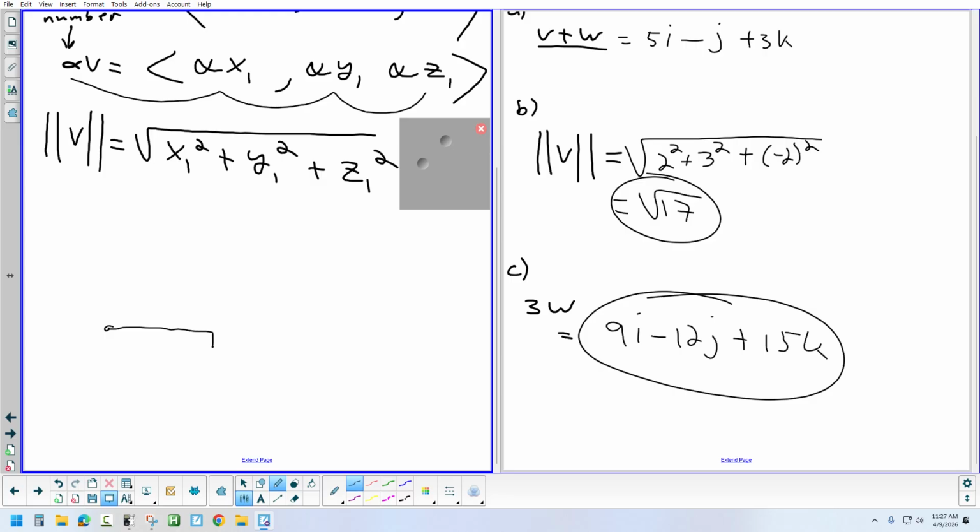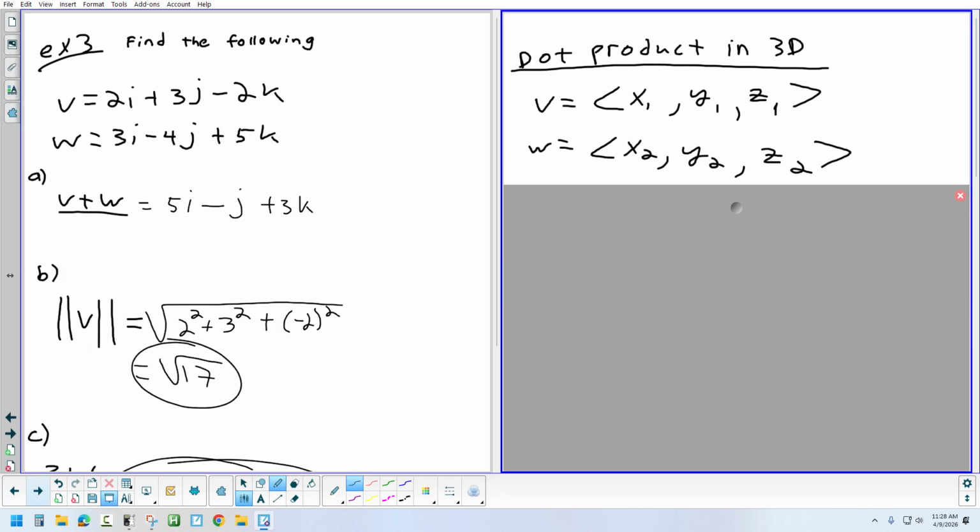All right, so that pretty much summarized everything that we did in 2D on Tuesday. So now, what did we look at yesterday? Angles, and what did we use to figure those out? The dot product. Thank you. Okay. So now we're going to look at the dot product in 3D.